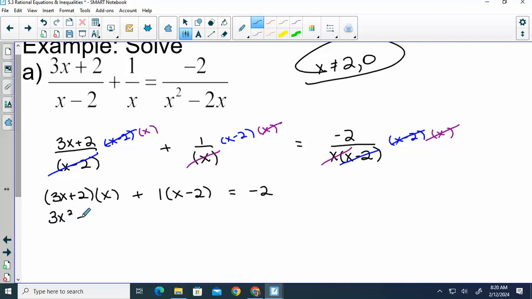We multiply it out. Okay, add my like terms. 2x plus x is 3x. We want to set it to 0. If I add my 2 over, what happens?